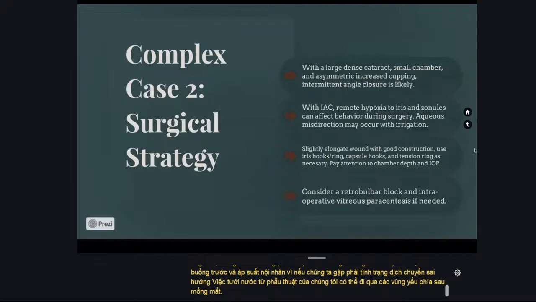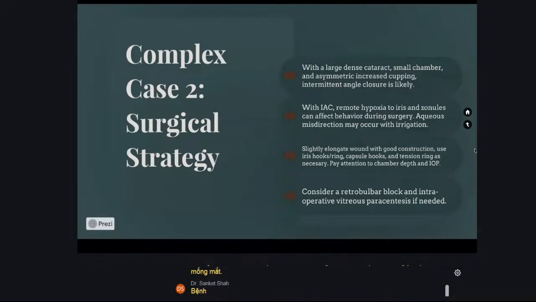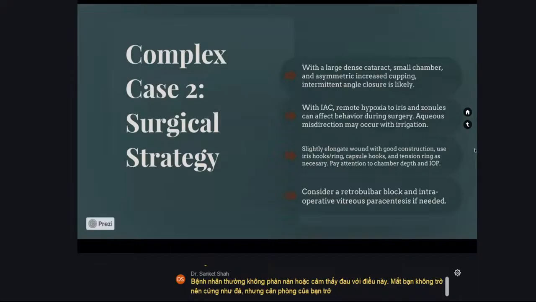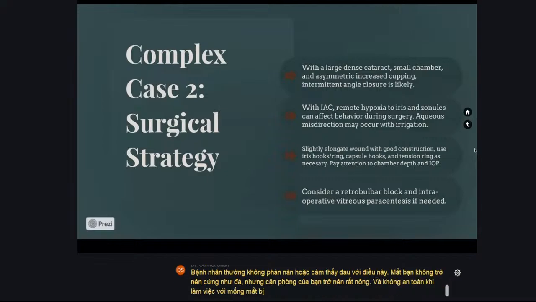The patient typically doesn't complain or feel pain with this. Your eye does not become rock hard, but your chamber becomes very shallow. And it's not safe to work with this prolapsing iris and a shallow chamber and a large lens coming up. You might not be able to fit your instruments back in to the anterior chamber when this happens.